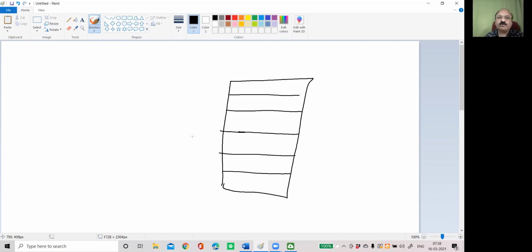Now how will the microprocessor know which data or which instruction should be taken for execution? So there has to be an address. There has to be an address of a particular memory location. This particular address is of 16 bits.